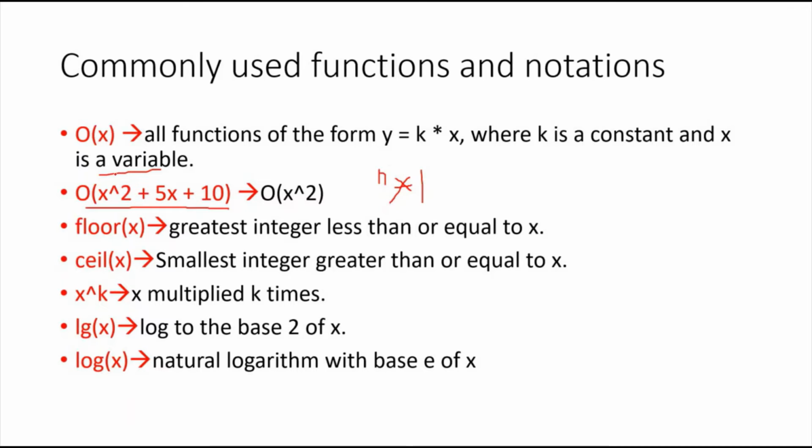In this case we will use the higher order term, means the complexity will be big O of x square, means we perform a certain operation big O of x square times.